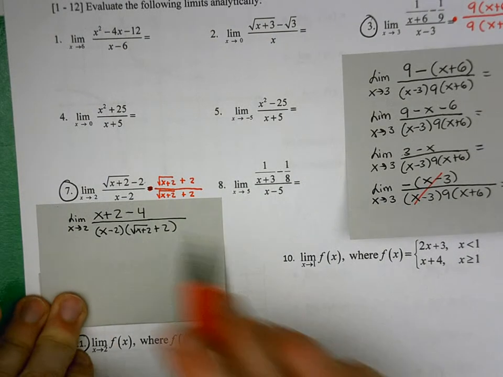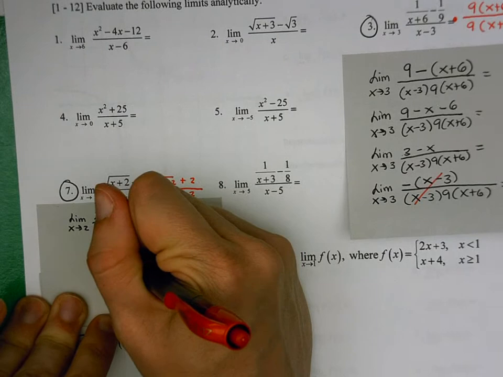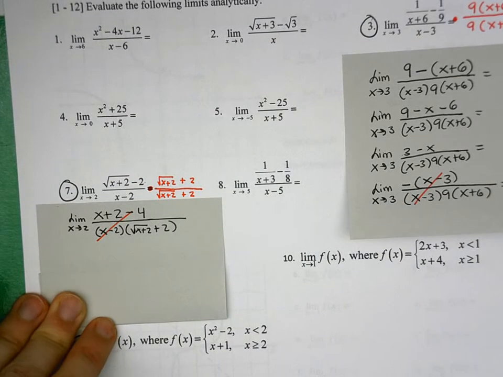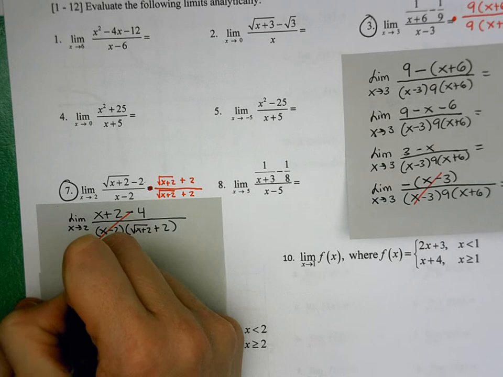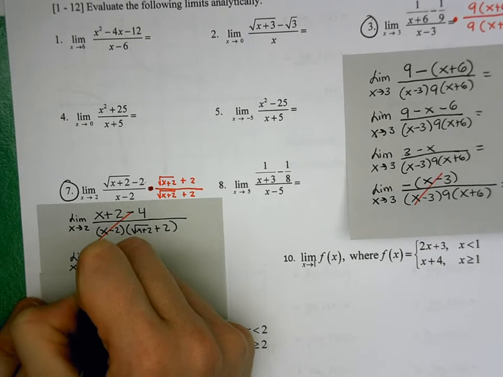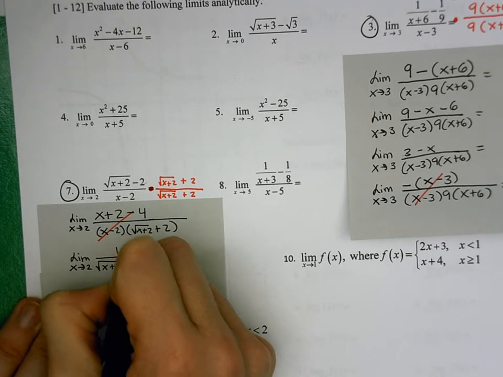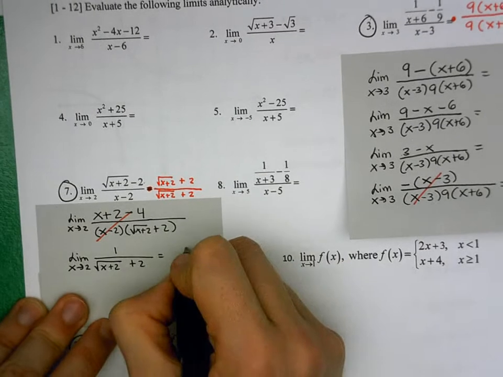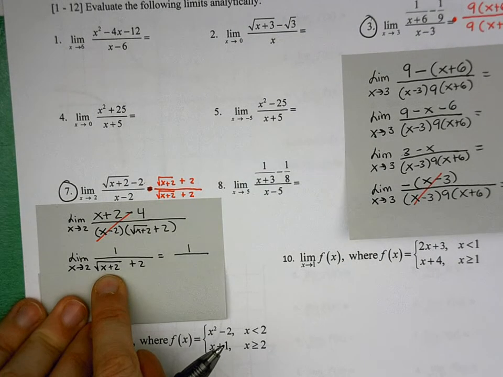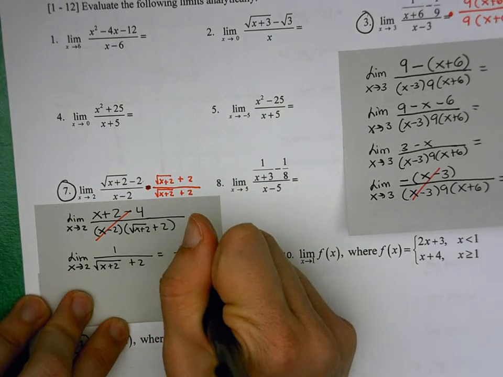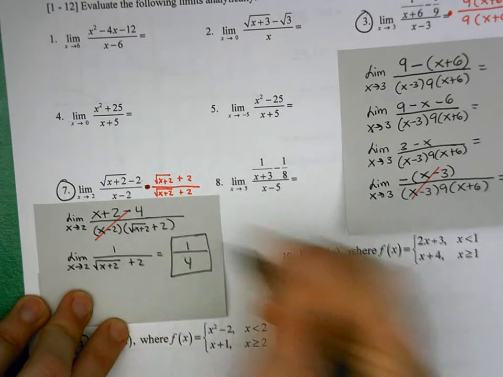Well, x plus 2 minus 4 is x minus 2. And so those would cancel, leaving me with the limit as x approaches 2 of 1 over root x plus 2 plus 2, which is 1 over root 2 plus 2, or root 4, so 2 plus 2, which is 4.